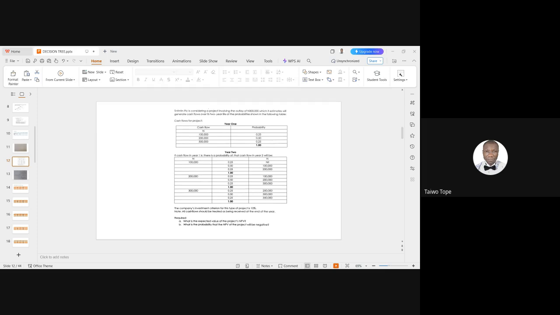This topic was tested in May 2025 SFM. Some students were saying this is their first time of seeing a decision tree. I say, okay.